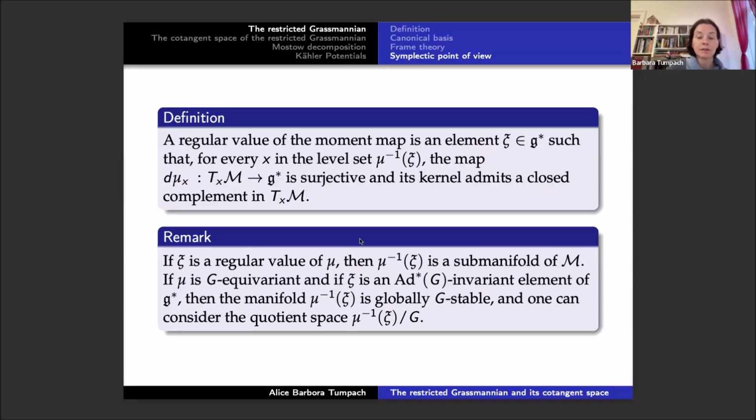When we have this condition, then we can perform the quotient of the level set of the moment map by the group G, and this will give us a smooth space. So here, the element of the dual space of the Lie algebra has to be invariant by the coadjoint action, so that the level set is stable by the action of G.